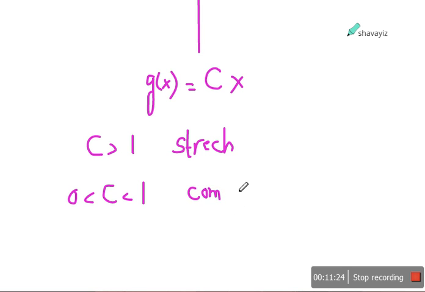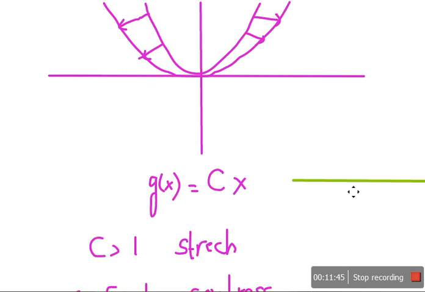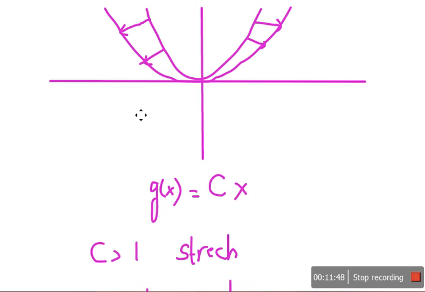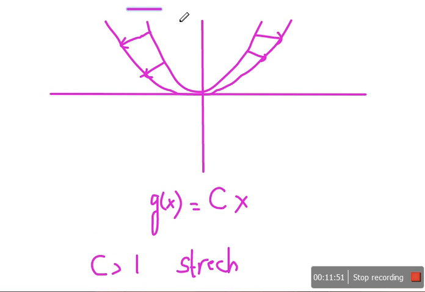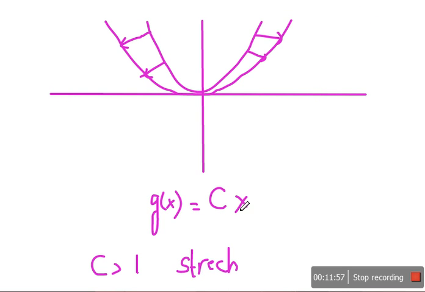Okay, you know the difference between stretch and compress. In this graph it is compressing, because the constant here is a decimal, like 0.4, right?